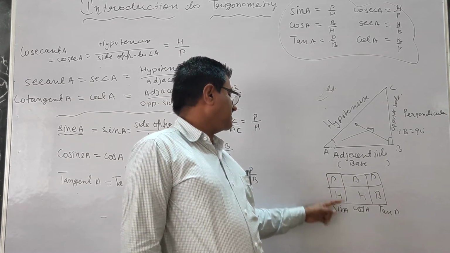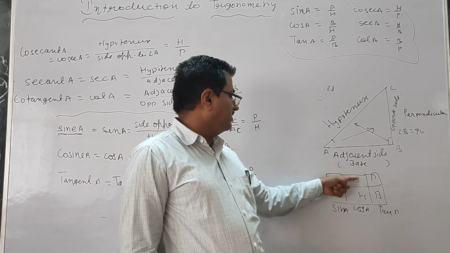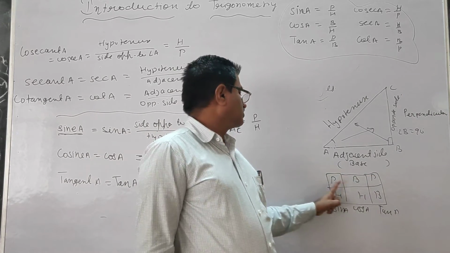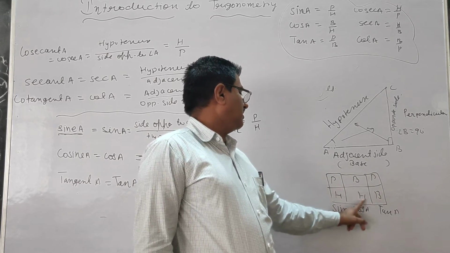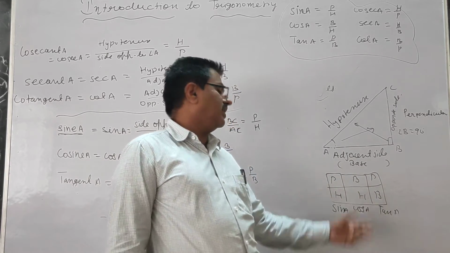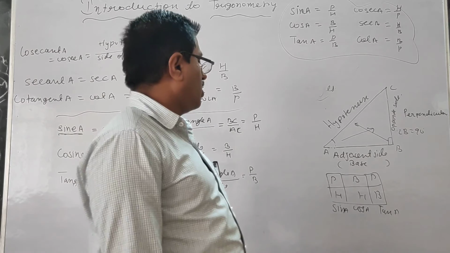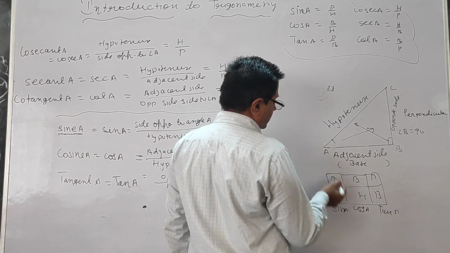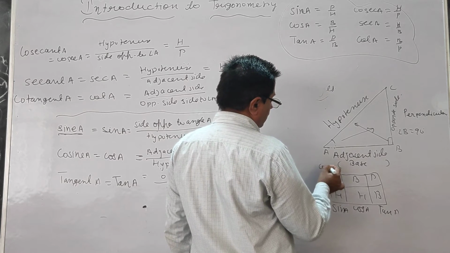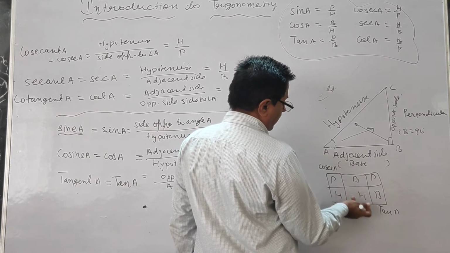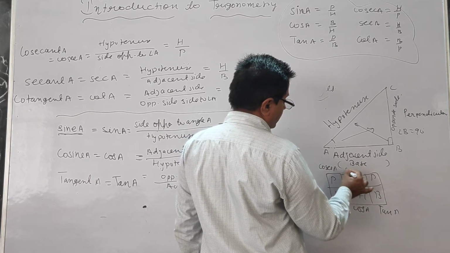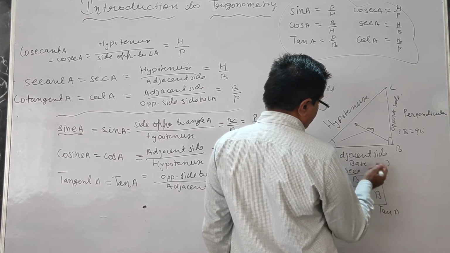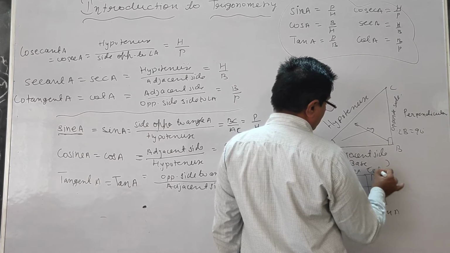Clear? You may remember it by "Pandit Badri Prasad, Har Har Bole". So P upon H is sine, B upon H is cos A, and P upon B is tan. So you can easily learn sine, cos, and tan. Then their reciprocals: H upon P is cosec, H upon B is sec, and B upon P is cot.